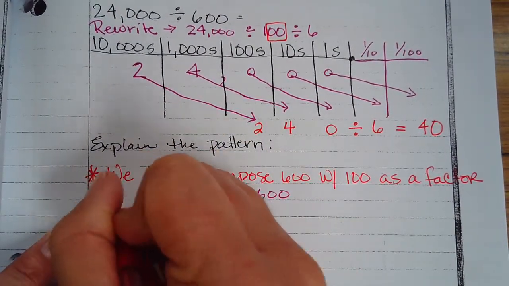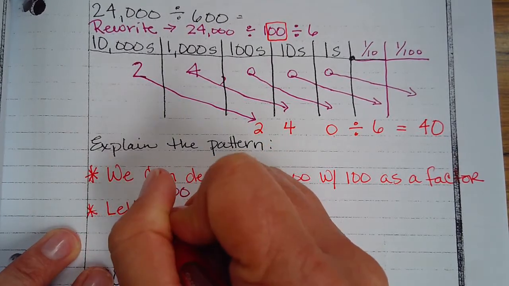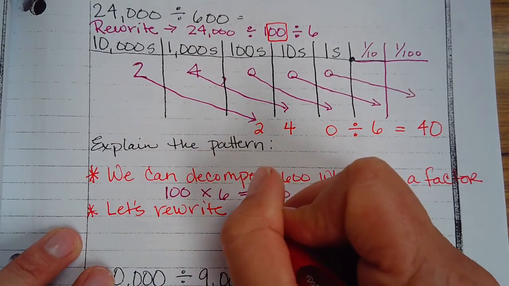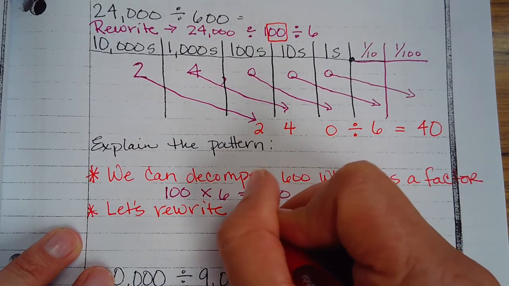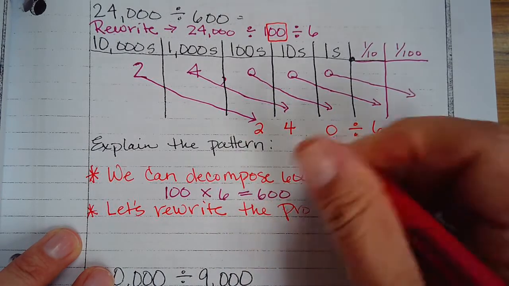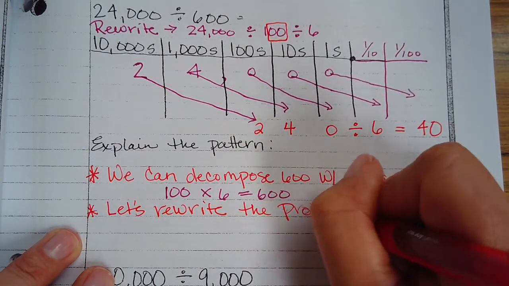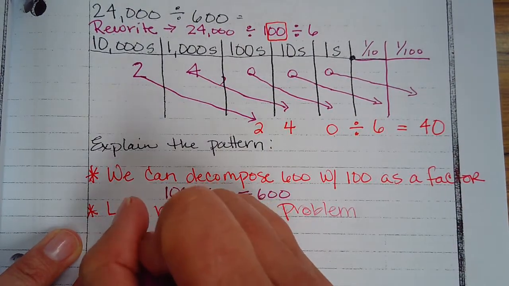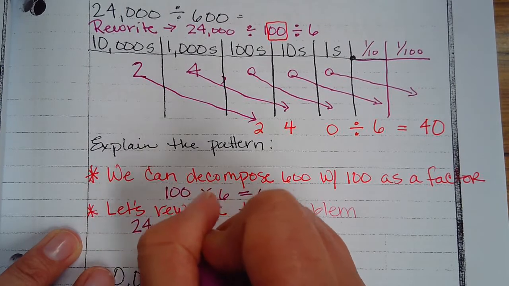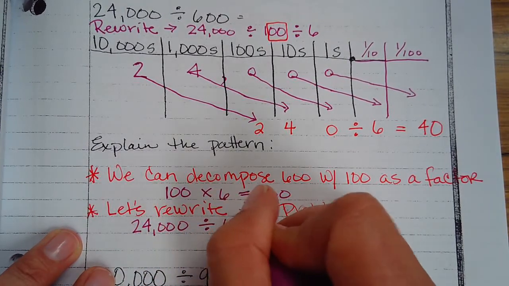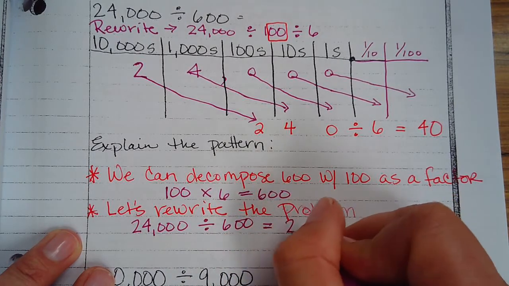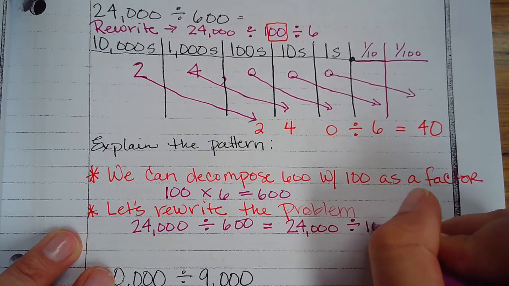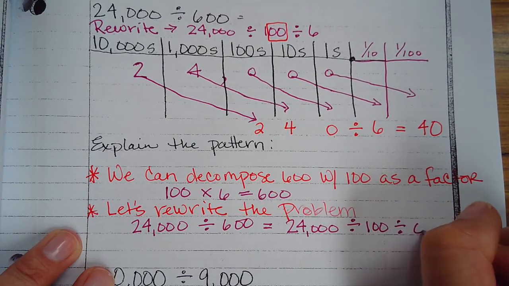Let's rewrite the problem. So 24,000 divided by 600 is 24,000 divided by 100, divided by 6, right?